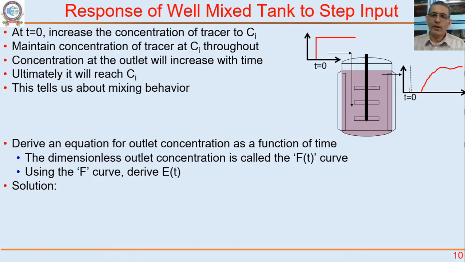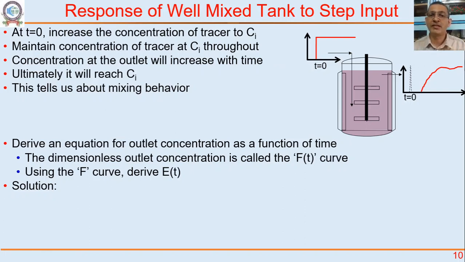Now, one way of doing a response: when you did your undergraduate course, you must have done dynamics of, let's say, a first order tank or a first order thermometer or interacting tanks, non-interacting tanks. It is the same here. The only thing is we are seeing the dynamics with respect to the concentration of the tracer.